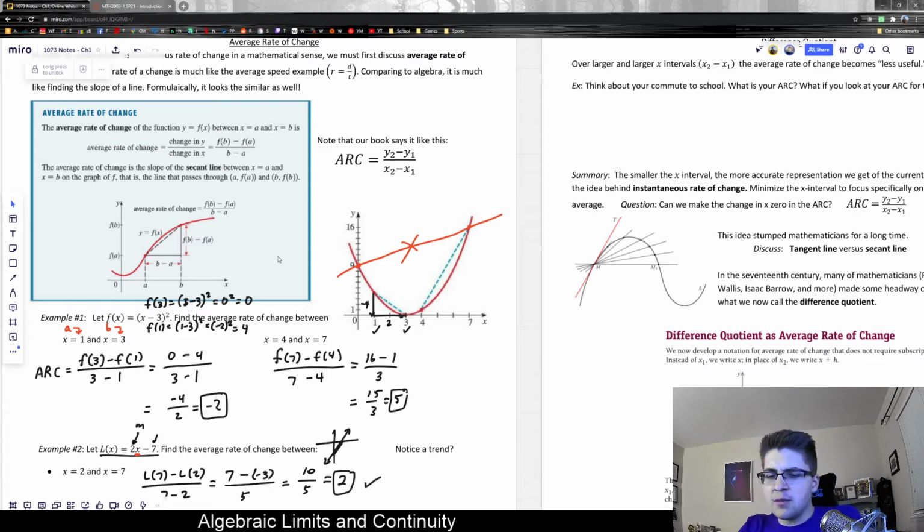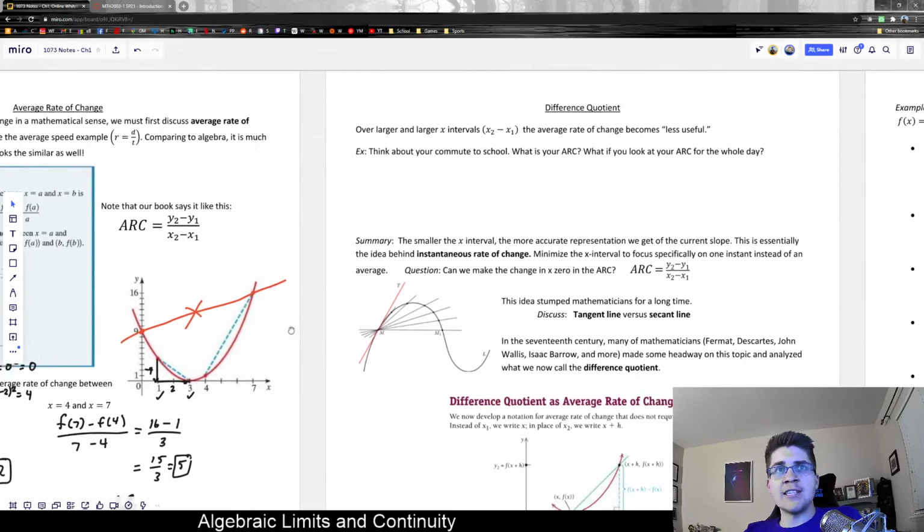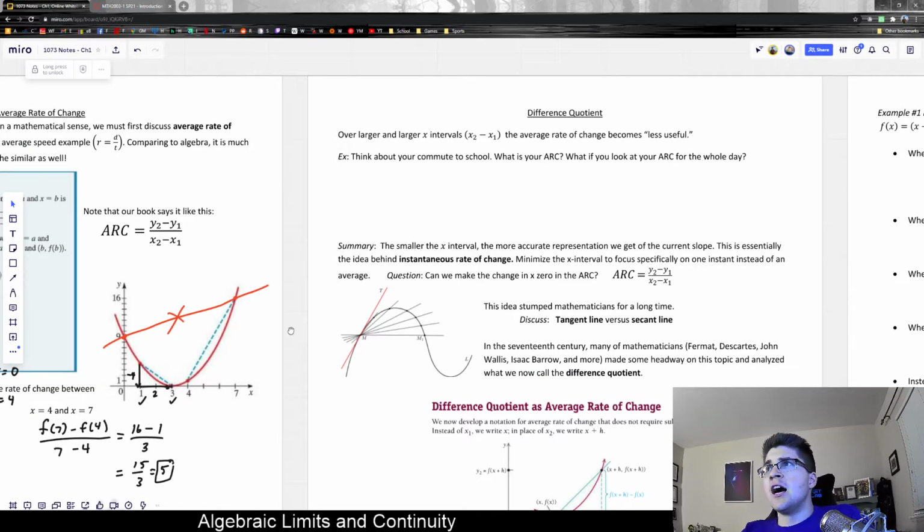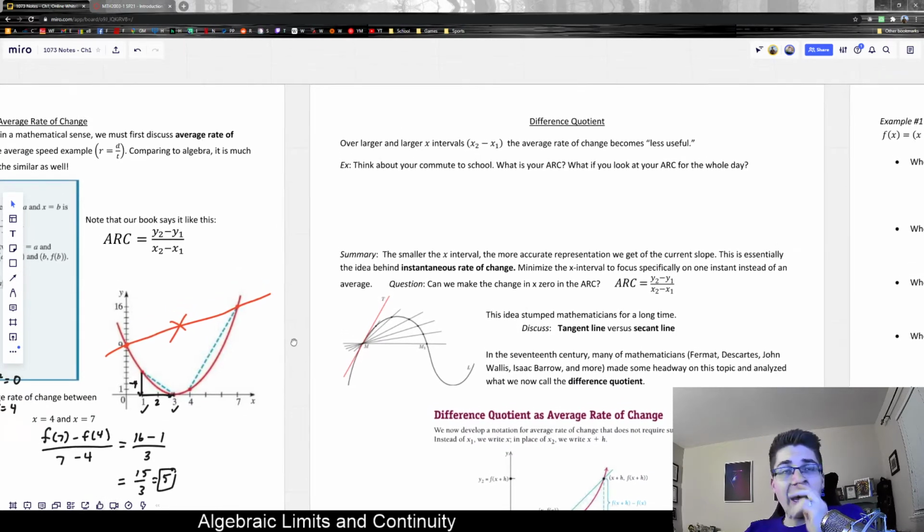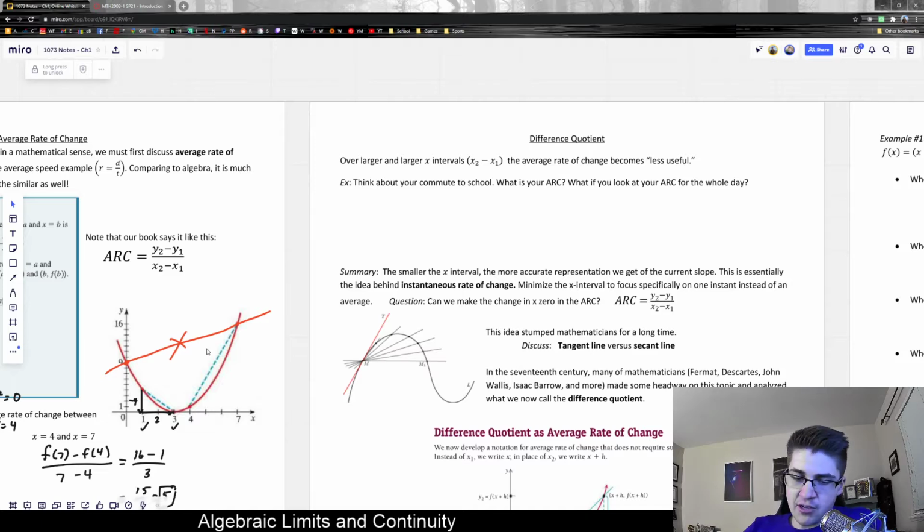Or let's think about your commute to school and the distance that you've traveled as you commute. Let's see what happens if we analyze the average rate of change over those intervals. Let's say you live 10 miles from school, and we'll use a simple graph to illustrate this point. Let's say 0 is your home, and 10 miles away is school.